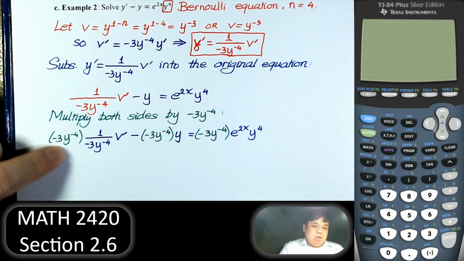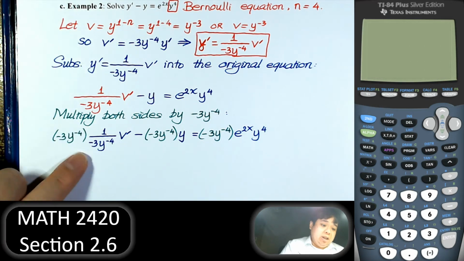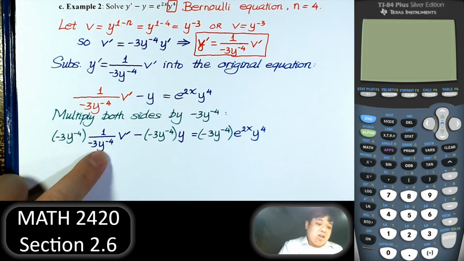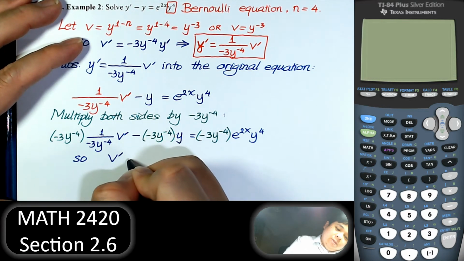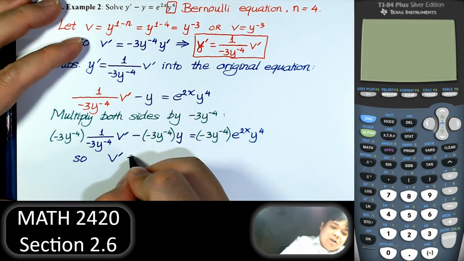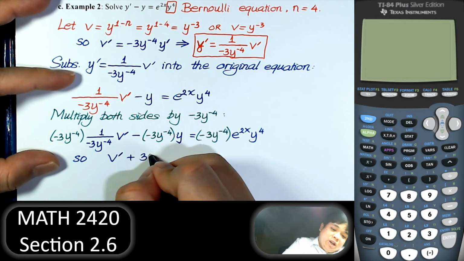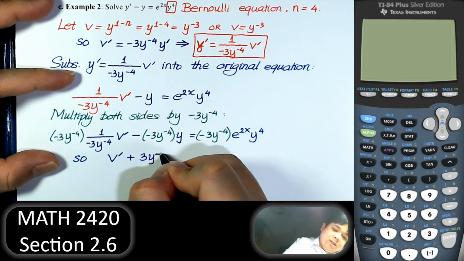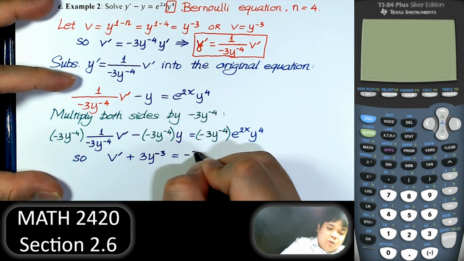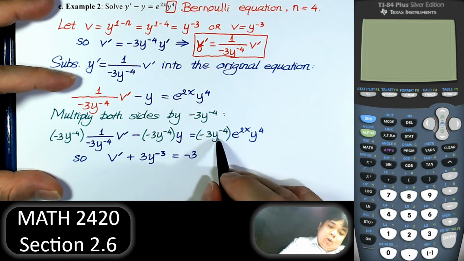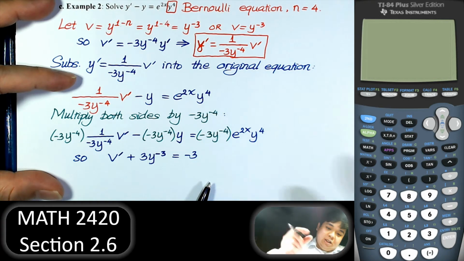Of course, when we multiply that, the whole purpose of this is trying to get v prime by itself, so that obviously cancels out. So we have v prime minus a negative, that's a plus. y to the negative 4 times y, that's y to the negative 3. And on the right hand side, negative 3 y to the negative 4 and y to the 4th should cancel out.